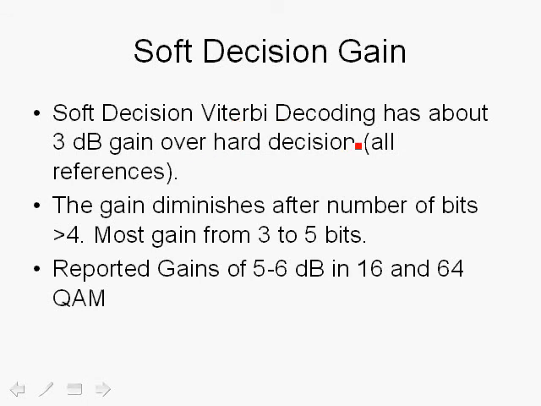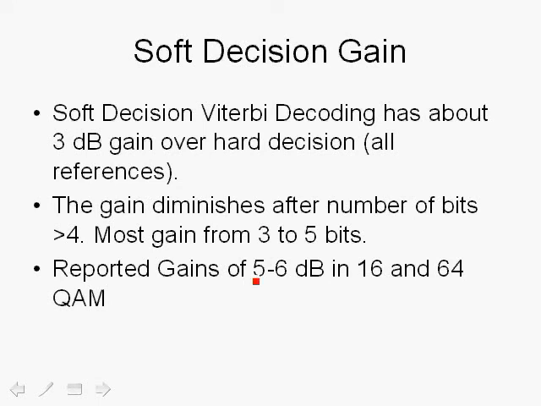This is based on all the references and, of course, many simulations. As you increase the number of bits for quantizing the received constellation points, most of the gain is achieved at about 5 bits. Going beyond 5 bits doesn't give you any more gain compared to a full floating point implementation. So about 3 to 5 bits is what you're aiming for in terms of soft decision demapping.